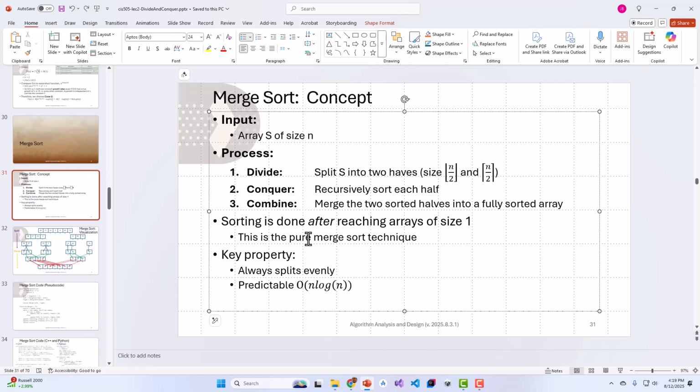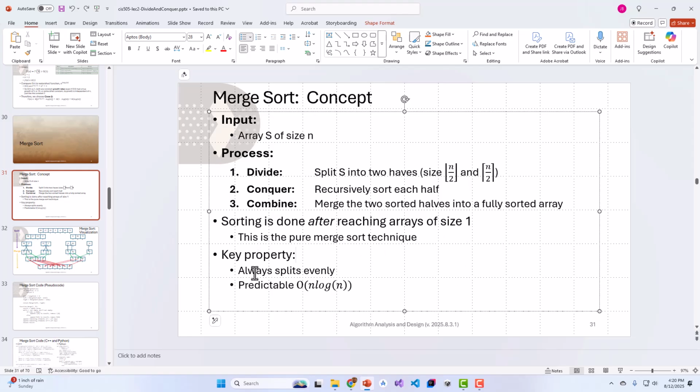Then about 12, and then 6. When it gets to 6, it'll just flat out call insertion sort. So it won't go down all the way to size 1, because the overhead of continuing to go down to size 1 is actually higher than just calling insertion sort on a very small number of items to sort them real quick.